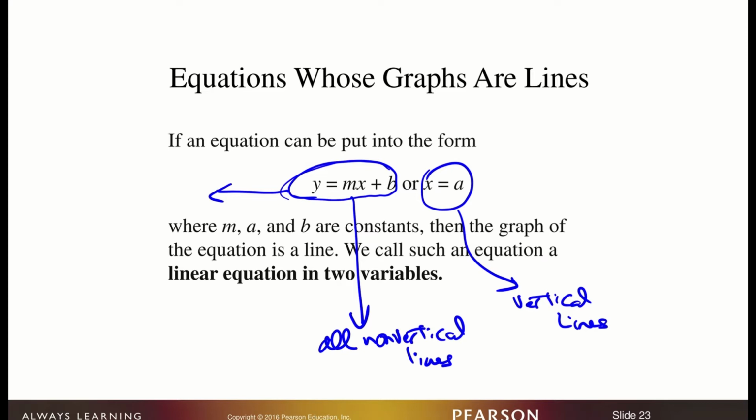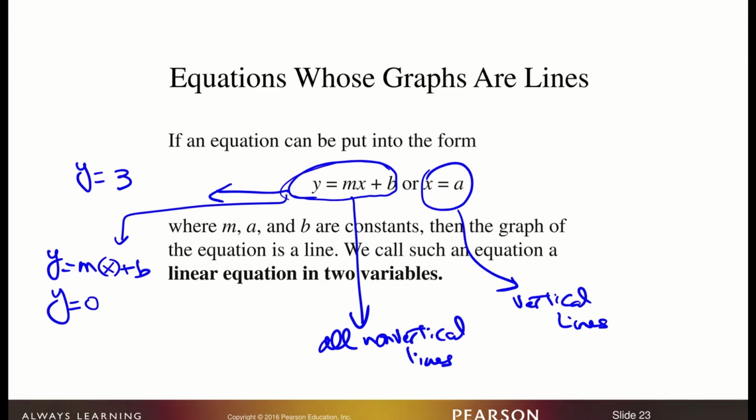So if m is 0, for example, you get y equals 3. That can be this line if we just let the m be 0, and we get y equals b.